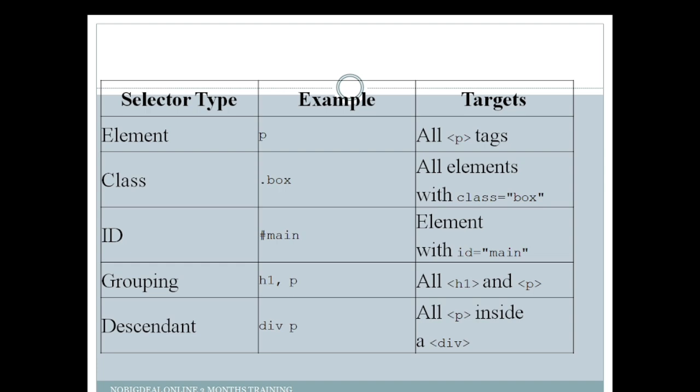Grouping is all h1 and p tags, but our main concentration here will be on element, class, and ID. If you know these three, you are good to go. We also have div and descendant selectors, but for our basic learning, let's concentrate on element, class, and ID.